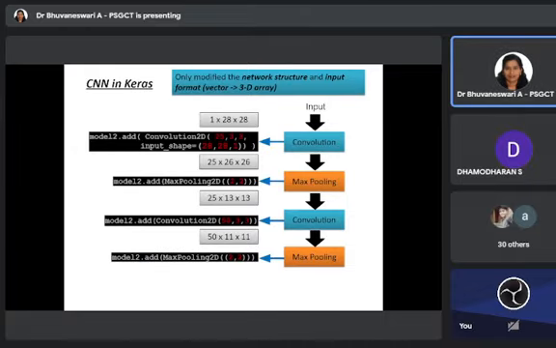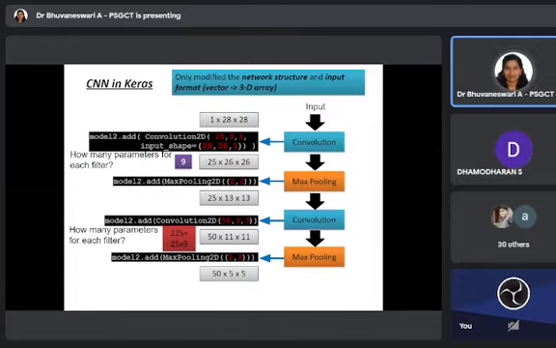Then again, you reduce it with a 2 by 2 matrix, for which you get 50 into 5 by 5. Okay, so you can repeat this process. So how many parameters for each filter? There are 9 parameters, because 3 by 3 is 9. So how many parameters here? It's 225, 25 into 9.